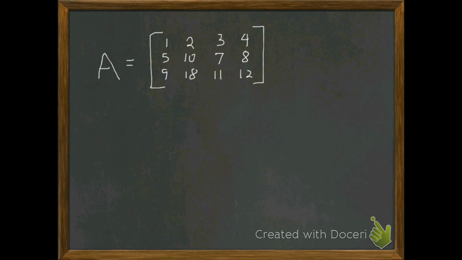Now, at this stage of the game, what I want you to think about is we can consider matrix A to be made up from column vectors.